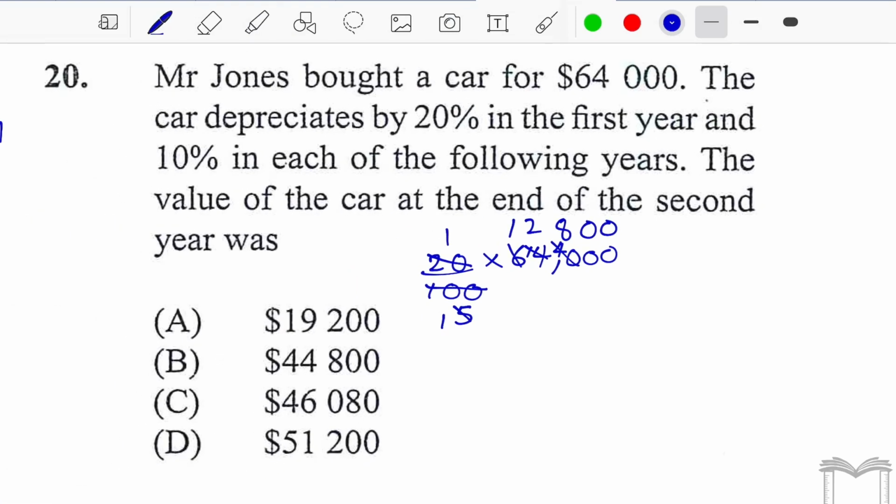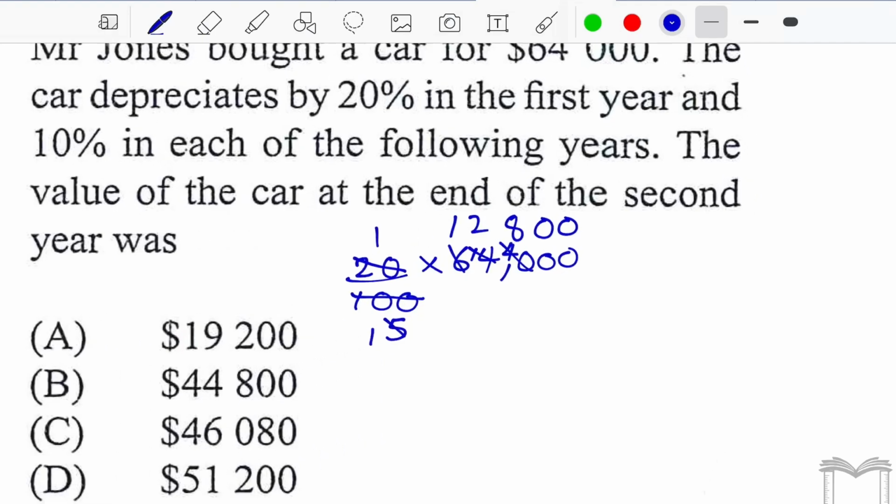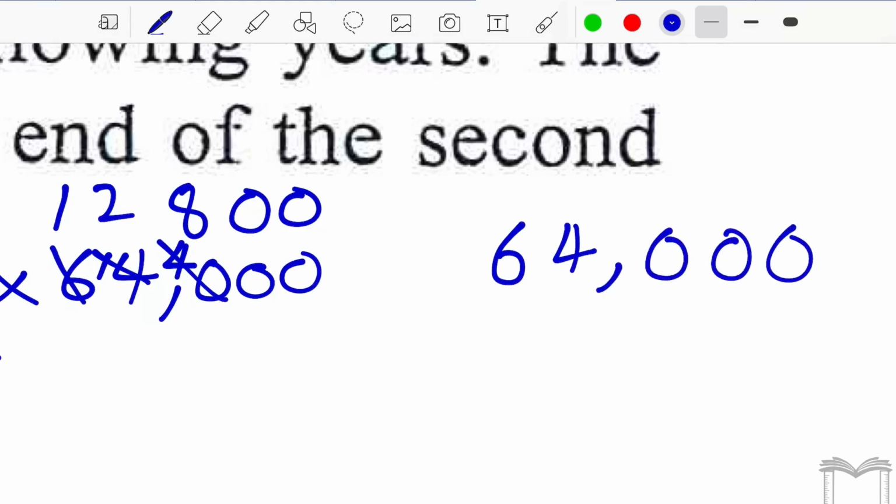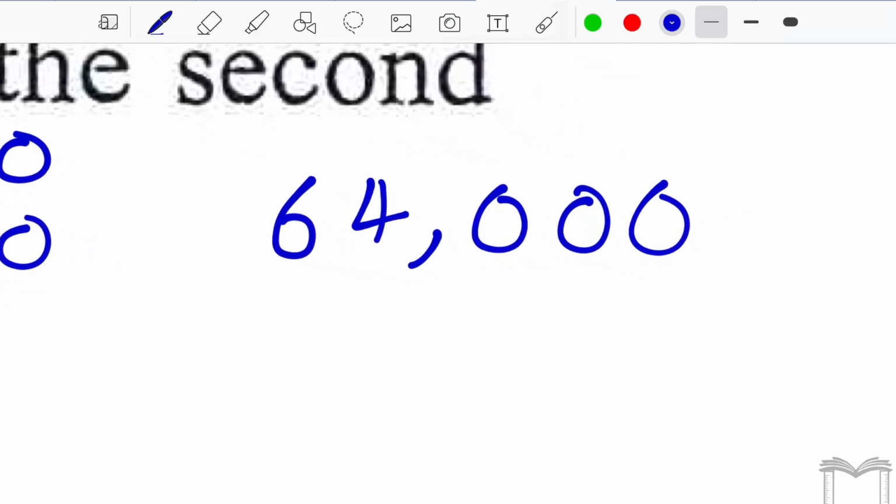And the second year, the car depreciates a further 10%. So in the first year, the car was originally worth $64,000. It depreciated or had a loss in value of $12,800.